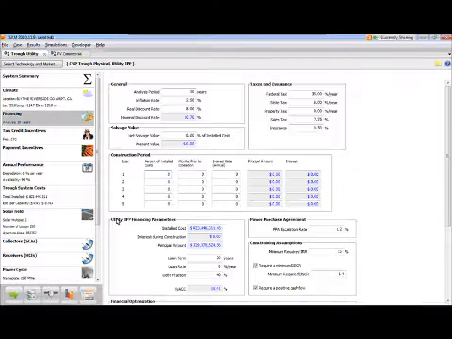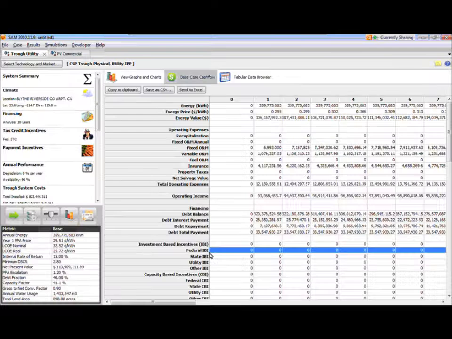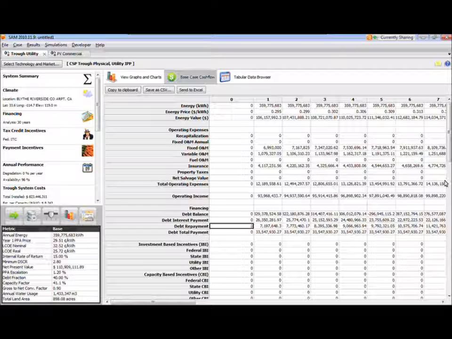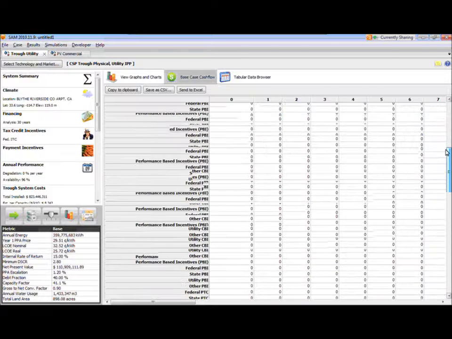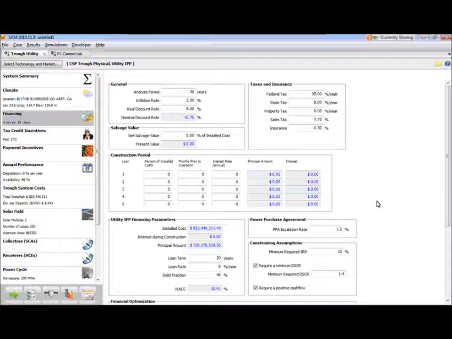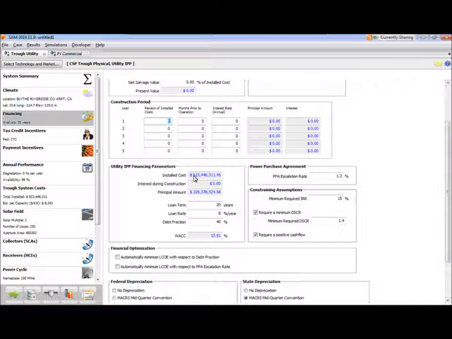Where do we see those? I think we see those right here under utility financing parameters. This is the total installed cost, and then SAM would calculate the interest during construction and adjust the principal amount. So the principal amount is the debt fraction times the total installed cost.